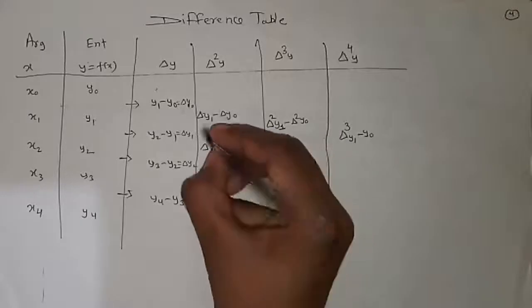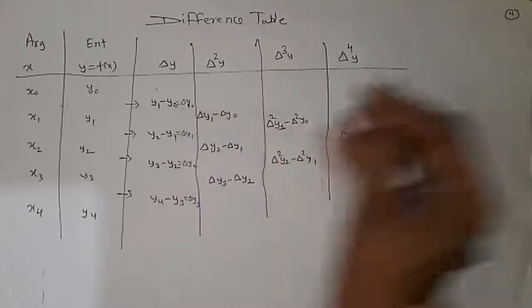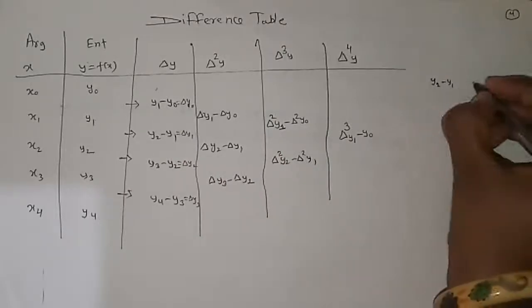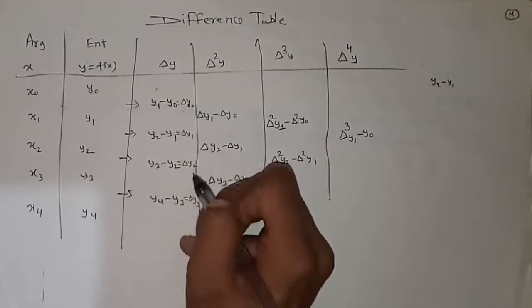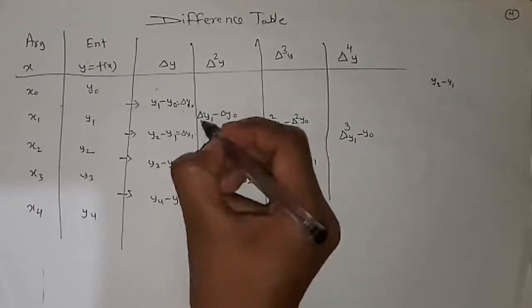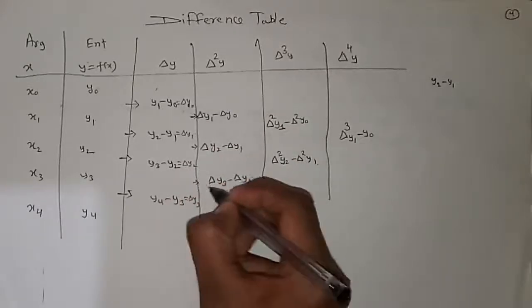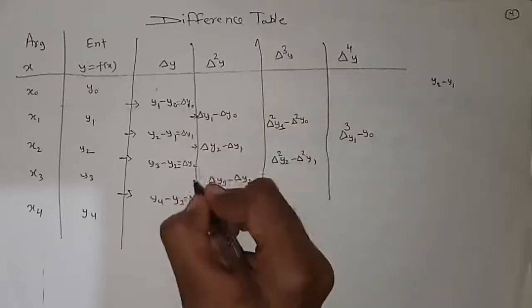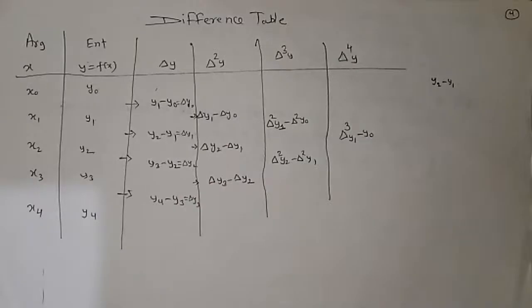Similarly, if we have to find delta square y, we will find the difference of these. So if I give the names delta y naught, delta y1, delta y2, delta y3, and I have to find the second difference, I will write the value in between these values. So delta y1 minus delta y naught, delta y2 minus delta y1, delta y3 minus delta y2.